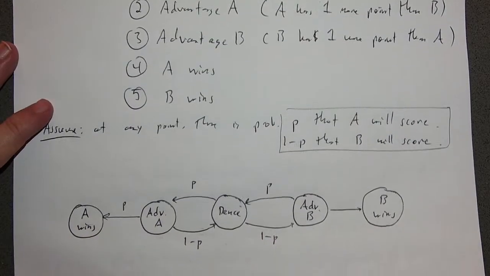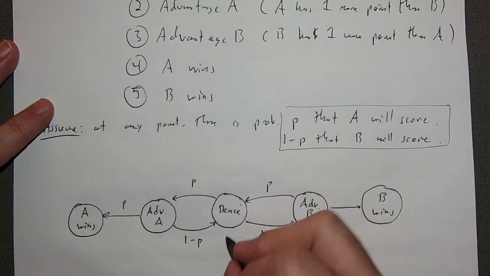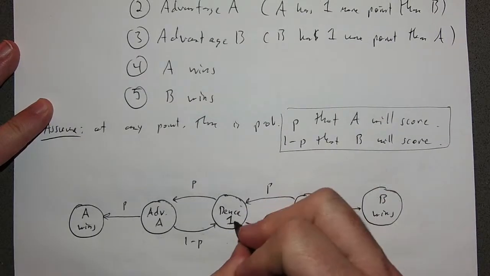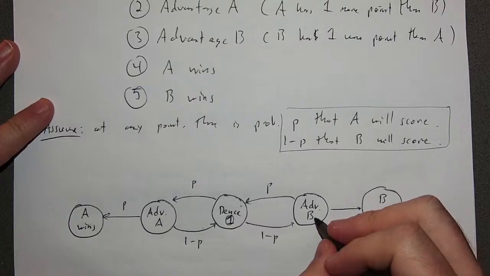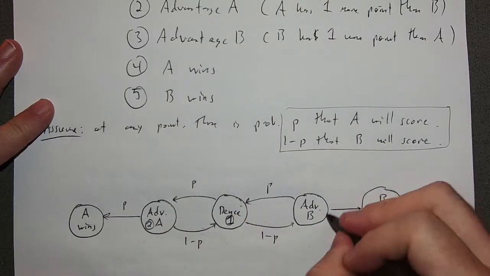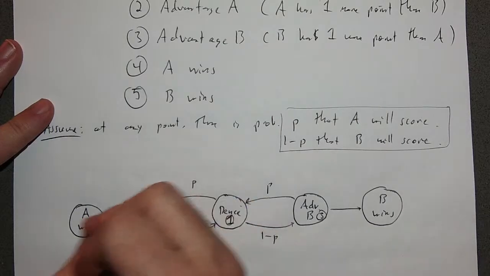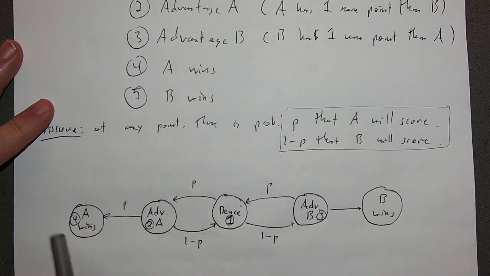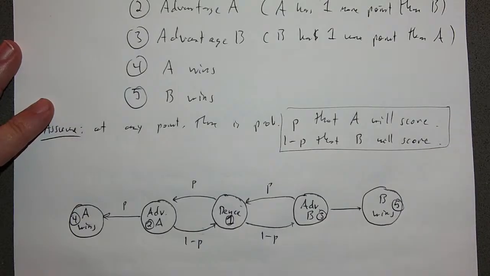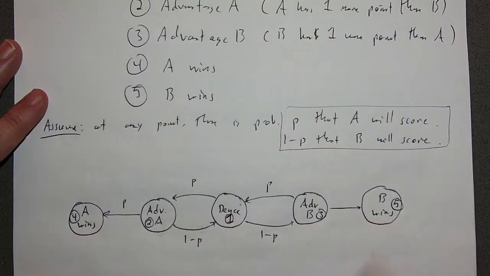I'm going to make this a little bit slicker here, and I'll label this 1, this one 2, this one 3, this one 4, and this one 5. Okay. So 1, 2, 3, 4, 5.